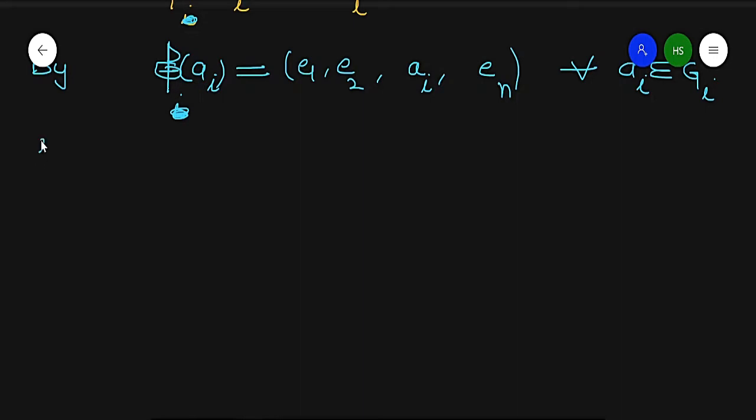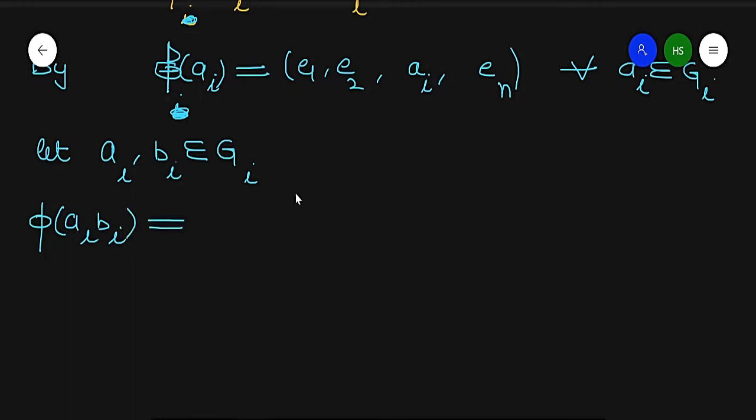So I take two elements ai and bi, they belong to Gi, as we know. So what is phi of ai into bi? By definition this can be written in this way. So this is e1, e2, so on, here at this place ai bi.